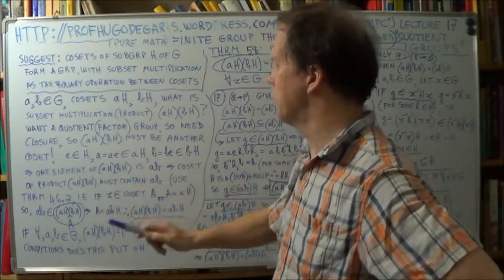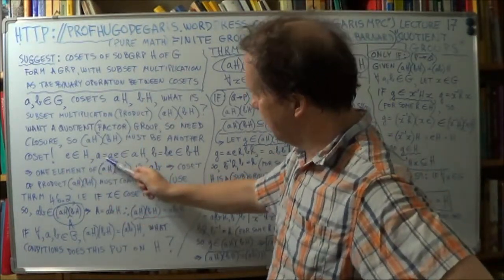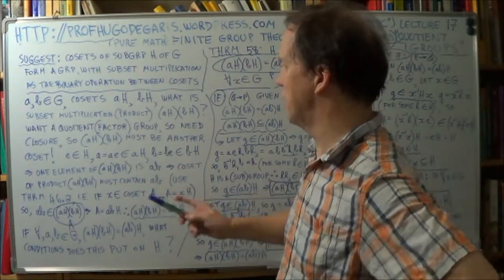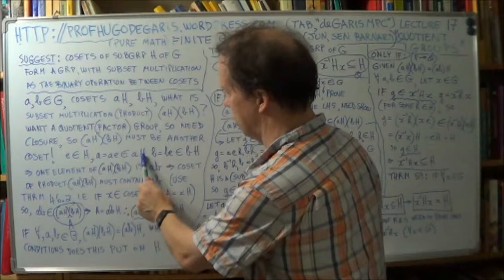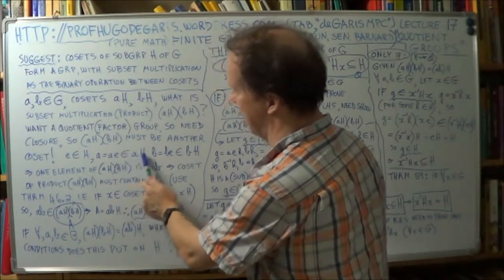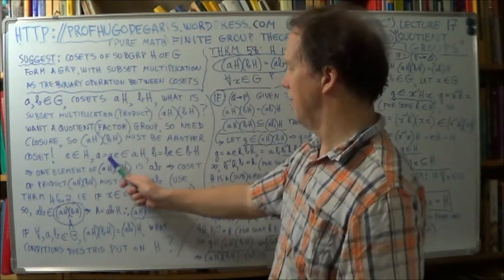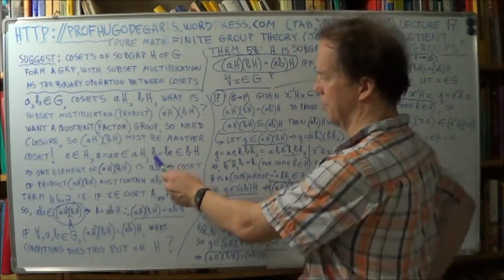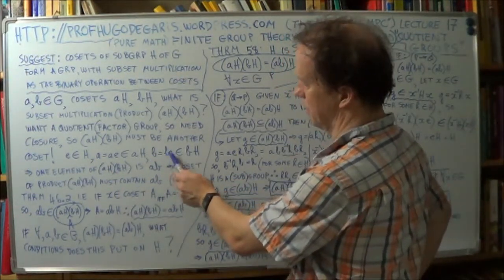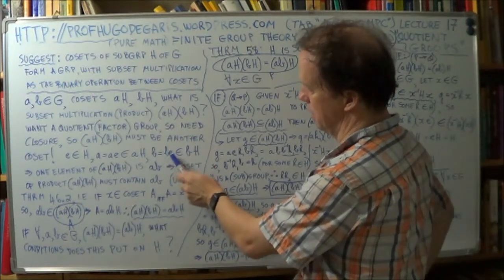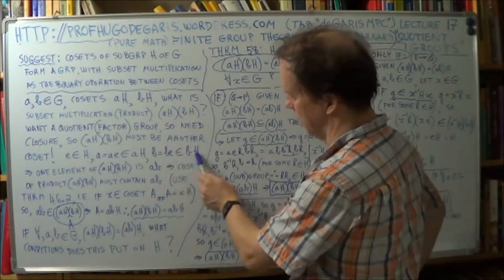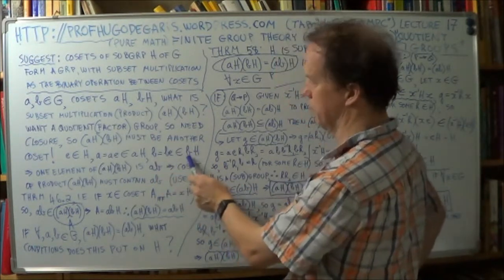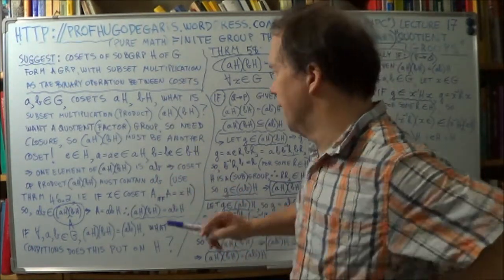So E belongs to H. Therefore A, which is AE, belongs to AH. If E belongs to H, then AE belongs to AH, and therefore A belongs to AH. And similar logic, B is just the same thing as BE, and BE belongs to BH. If E belongs to H, BE belongs to BH. Therefore B belongs to BH, right?